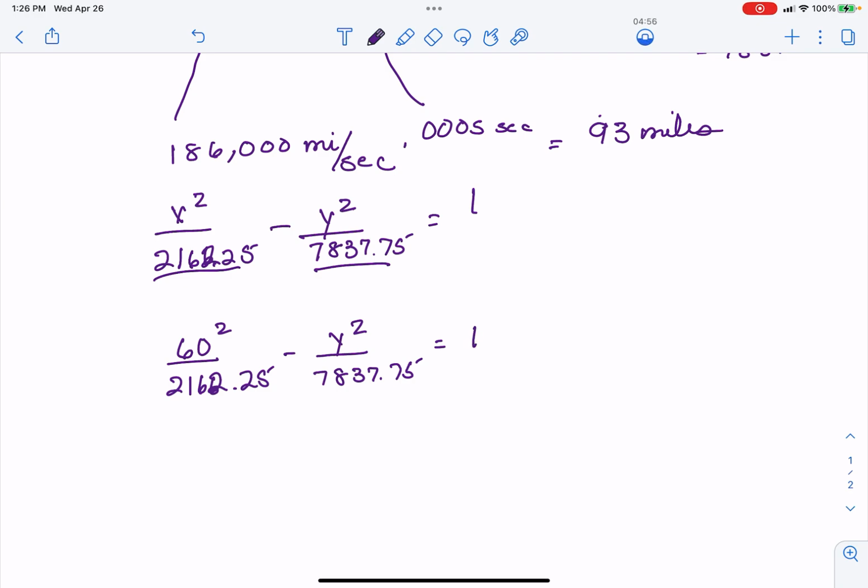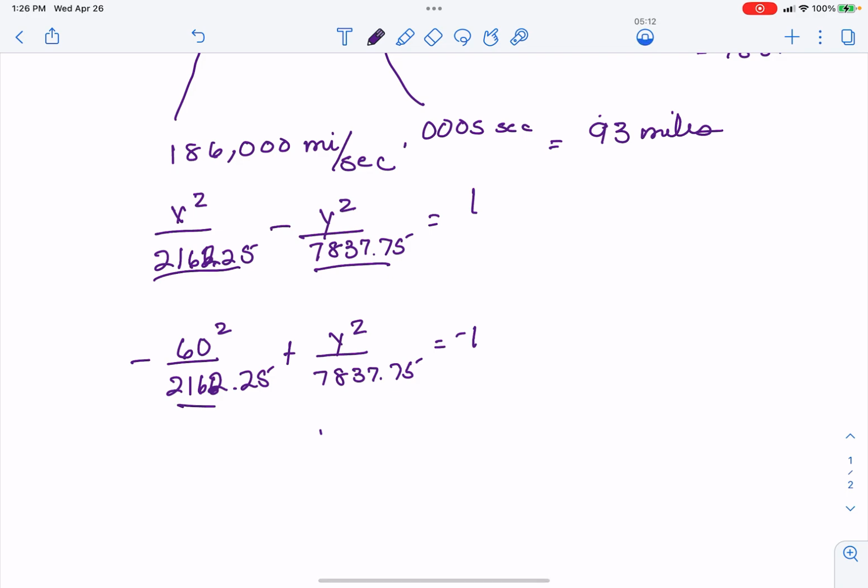So now we have to solve for y squared. What I'm going to do is change all the signs. I'm going to make this plus, this minus, and this minus.